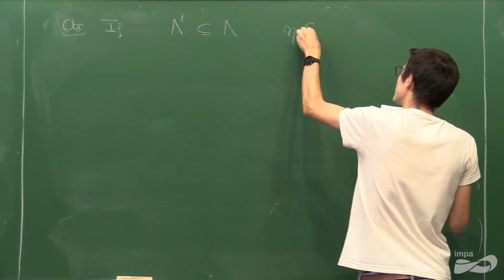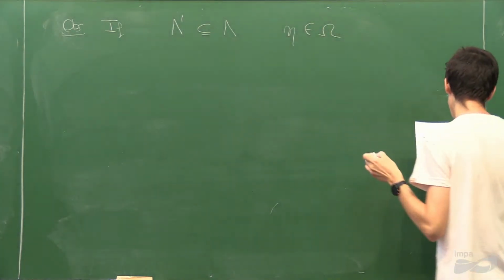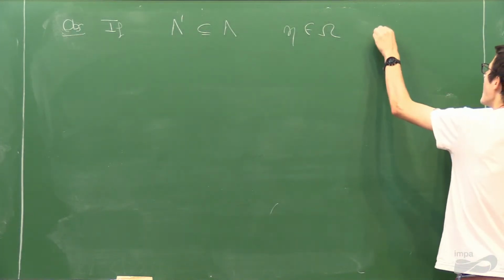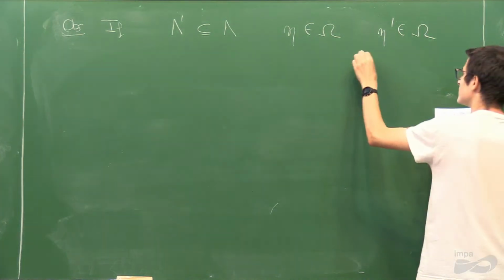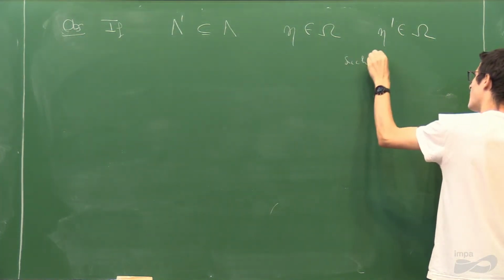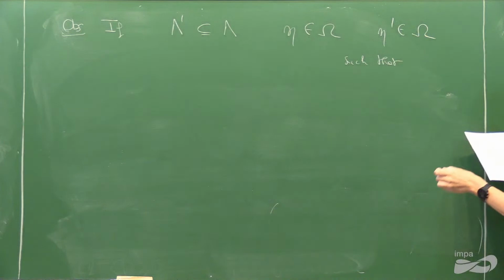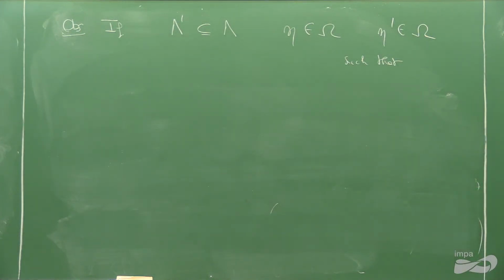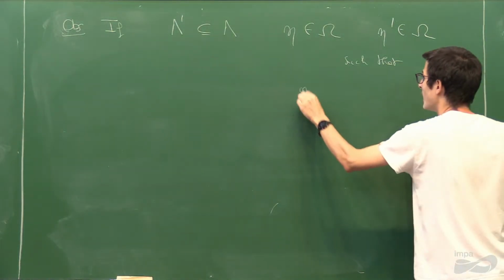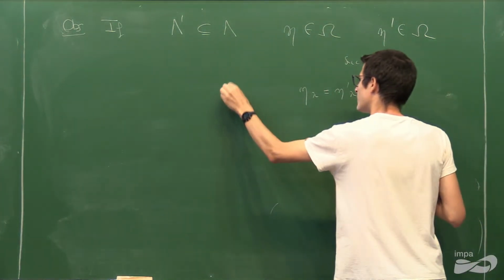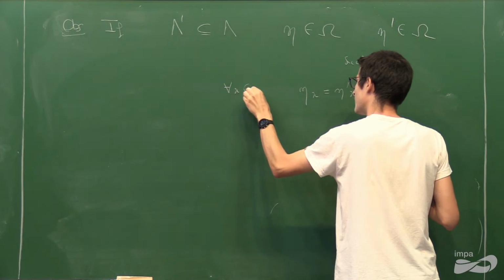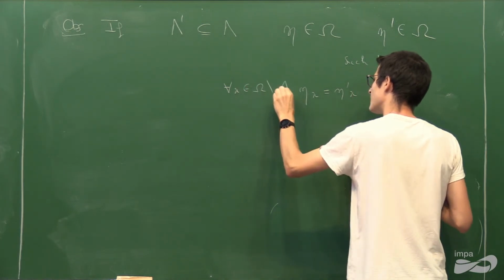I have one boundary condition, and I have another one, which is such that the two coincide outside of the larger box. So eta x is equal to eta prime of x for all x in omega minus lambda.